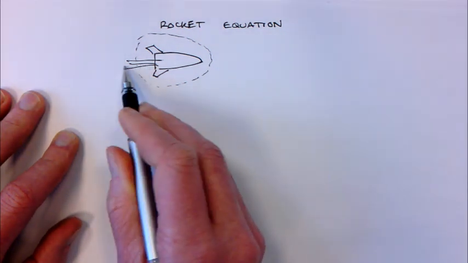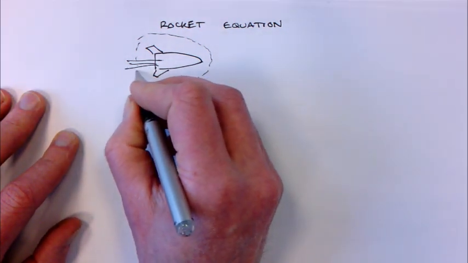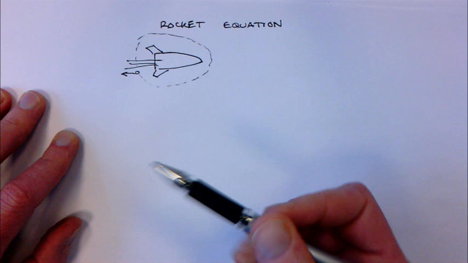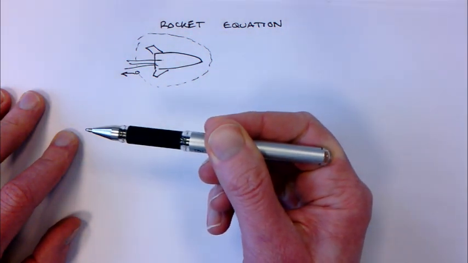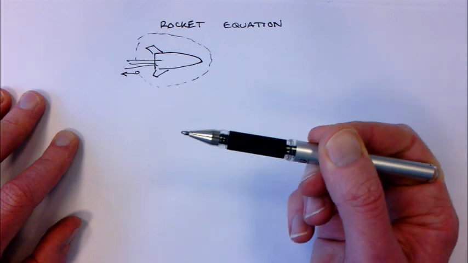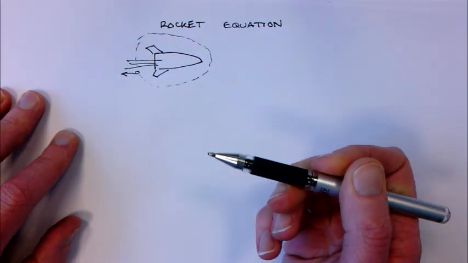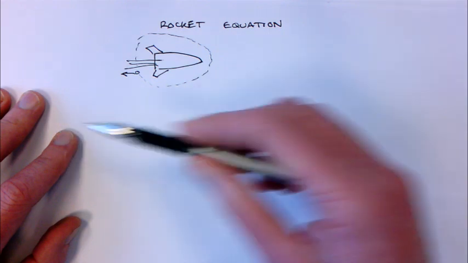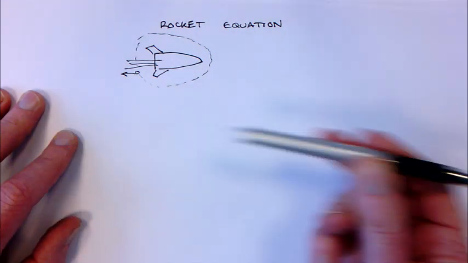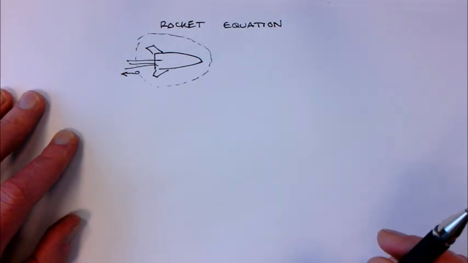As the rocket expels hot gases, you have molecules crossing the system boundary going that way. In other words, they are carrying momentum to the left out of the system, so they are subtracting momentum in this direction, or another way of saying that is that they are adding momentum in this direction, so that's what pushes the rocket forward.